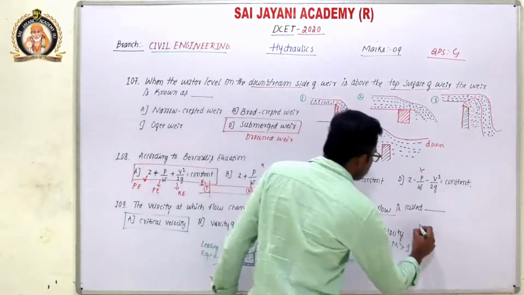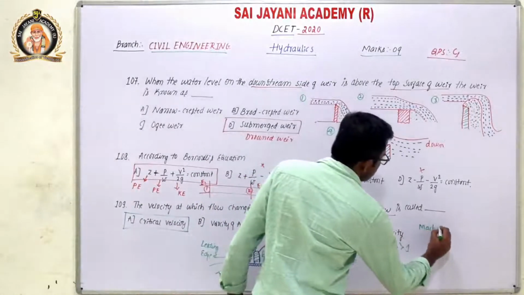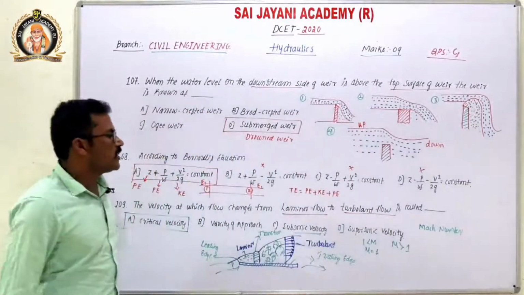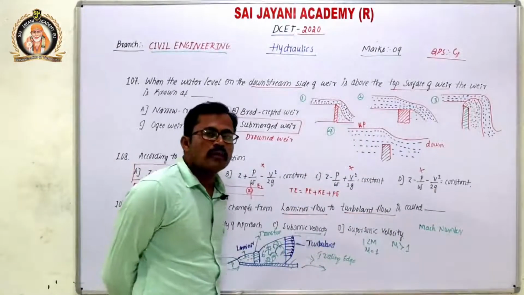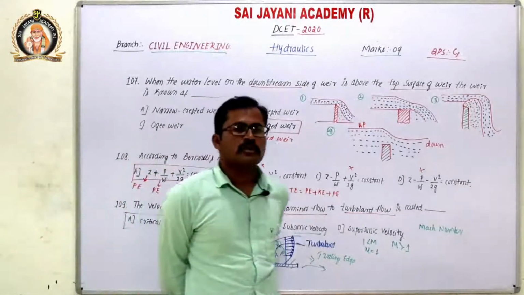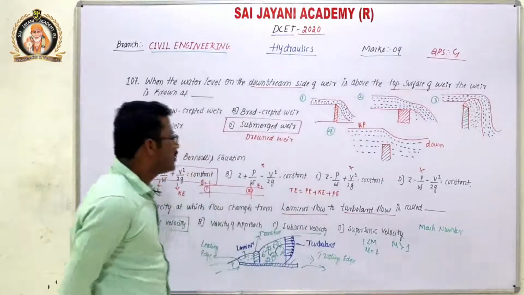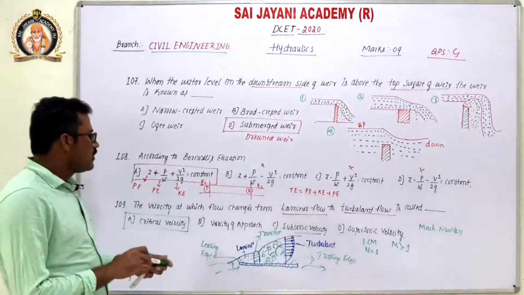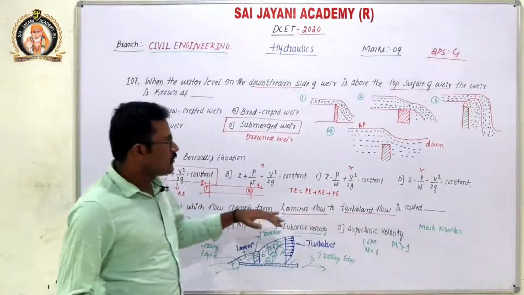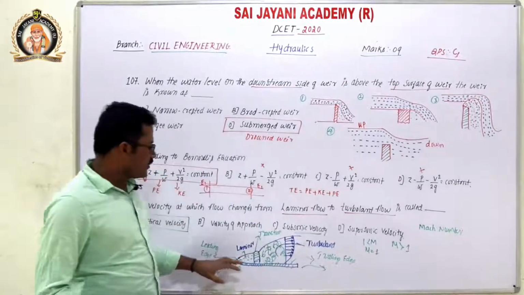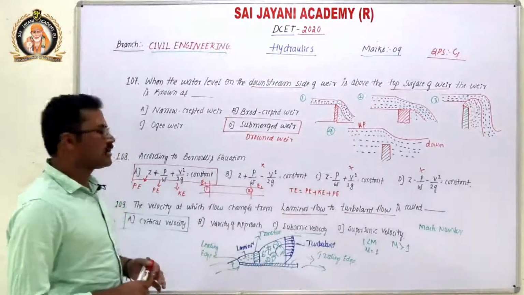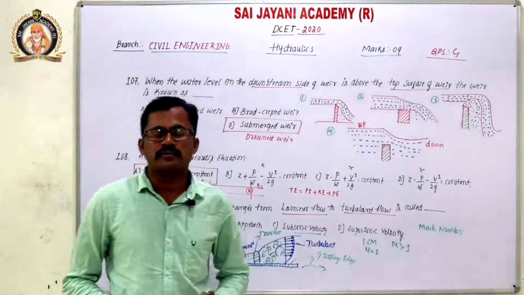So if Mach number is more than 1, the velocity is supersonic. If Mach number is equal to 1, it is sonic. If Mach number is less than 1, it is subsonic. So the velocity at which flow changes from laminar to turbulent flow is known as critical velocity. Option A is the right answer.